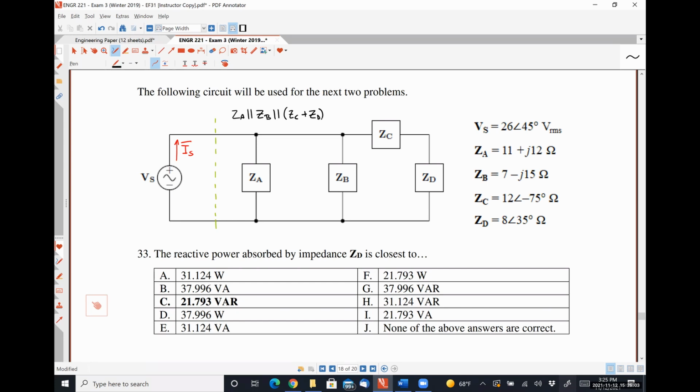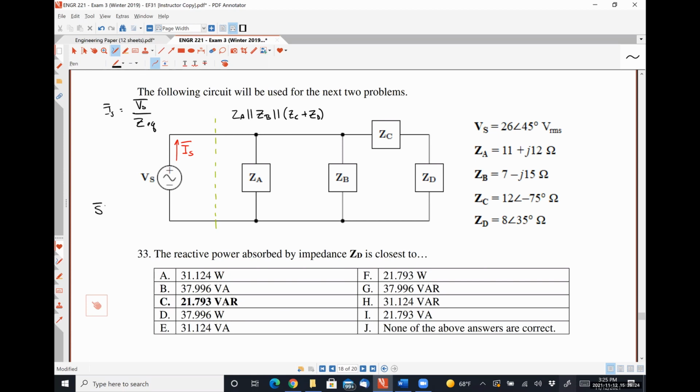I don't have a calculator on my person, so I can't do the math right there, but that's literally all you would need to do. Then IS would simply be VS over ZEQ.